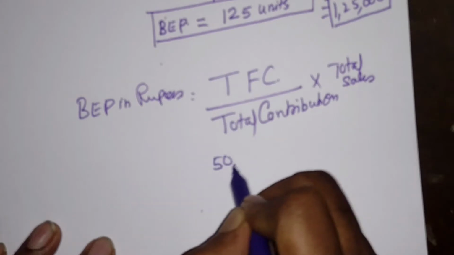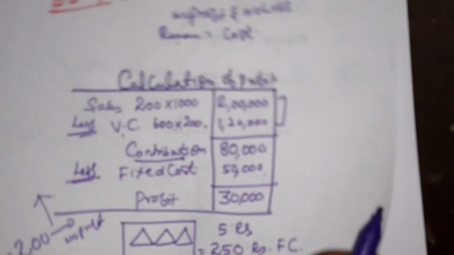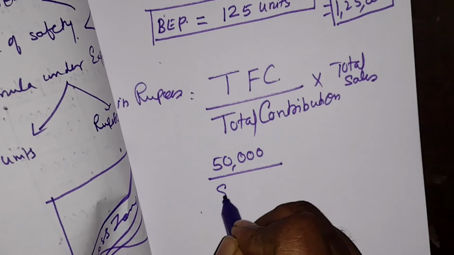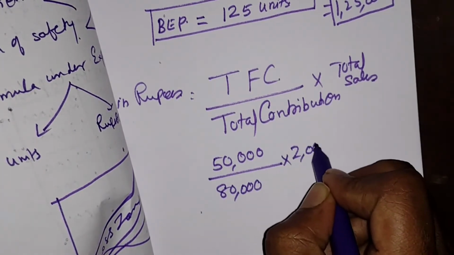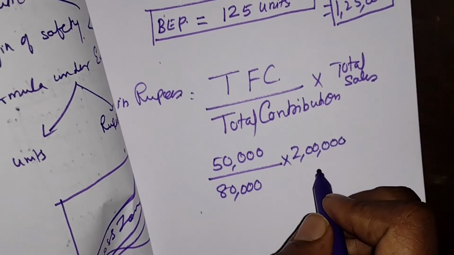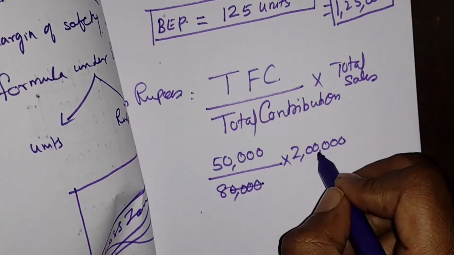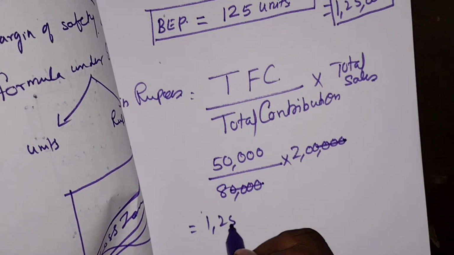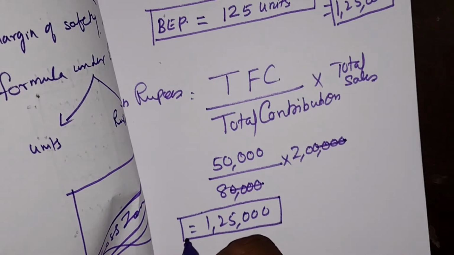So total fixed cost we have 50,000 and total contribution we have 80,000. 80,000 into total sales is 2 lakhs rupees. So therefore 40 40 cancel. So 1,25,000 rupees you get the total sales.